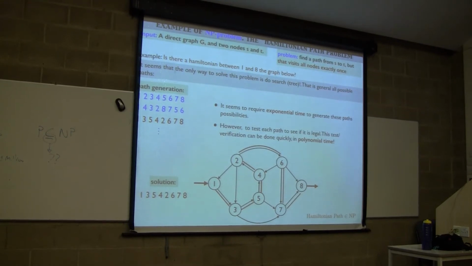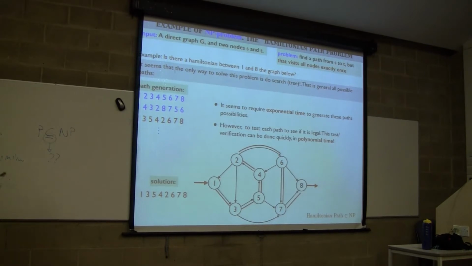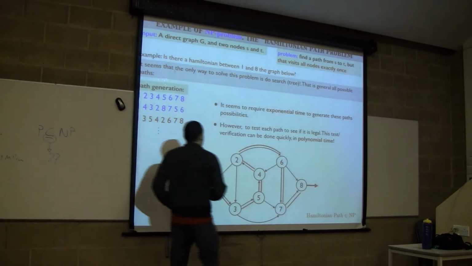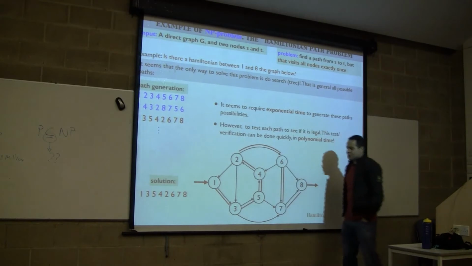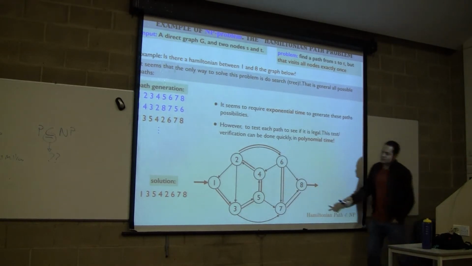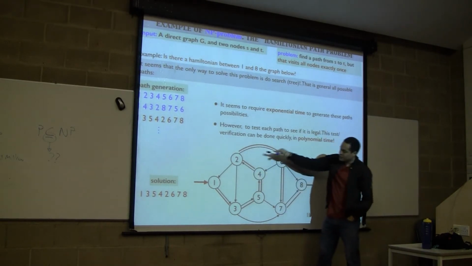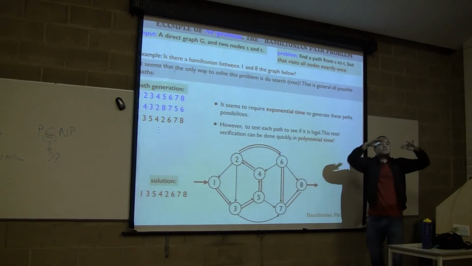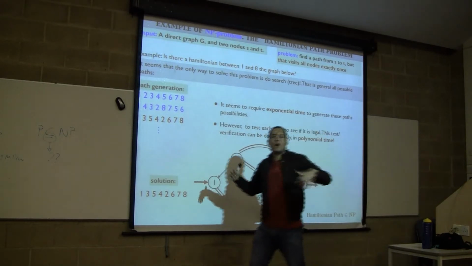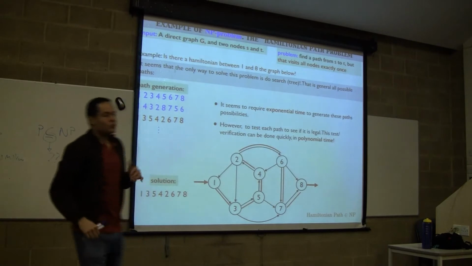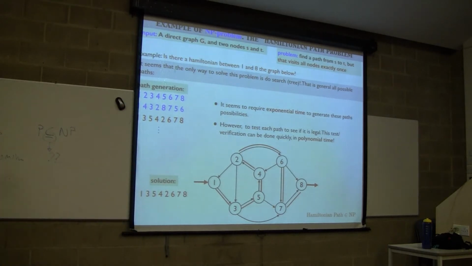Why? Because in this kind of algorithm, what you have to do is compute all possible paths. So you actually generate a tree, just like what we saw before, with how a non-deterministic machine computes. So you have to generate all possible paths, and then you have to verify.